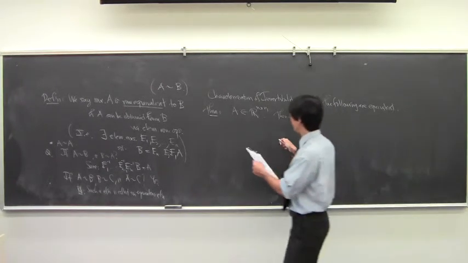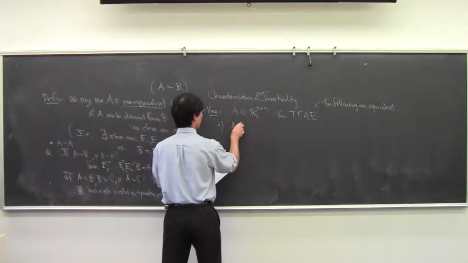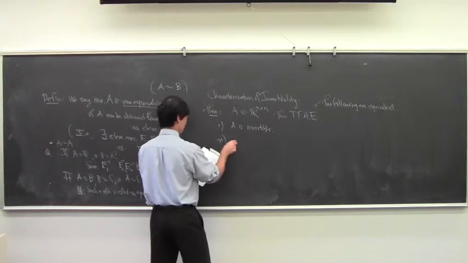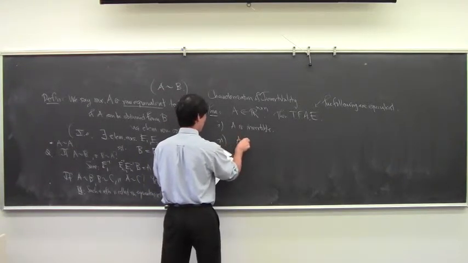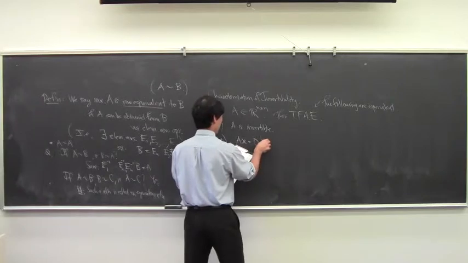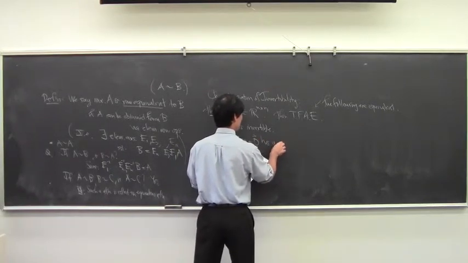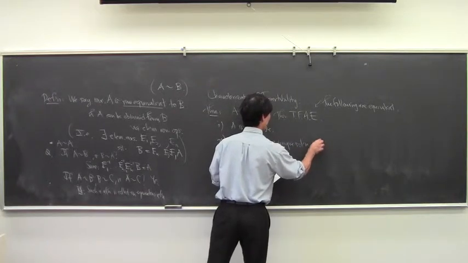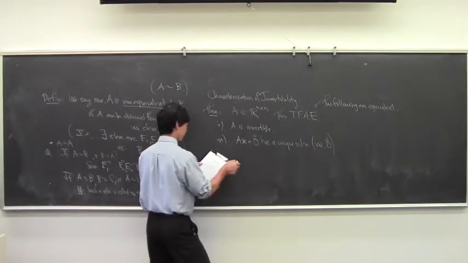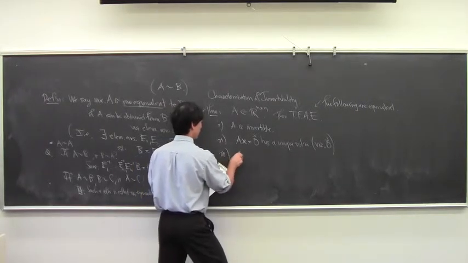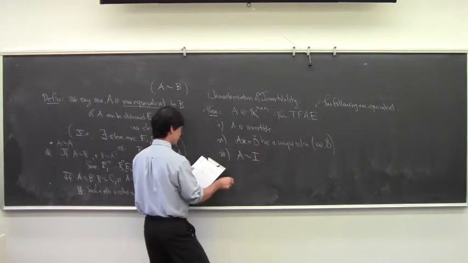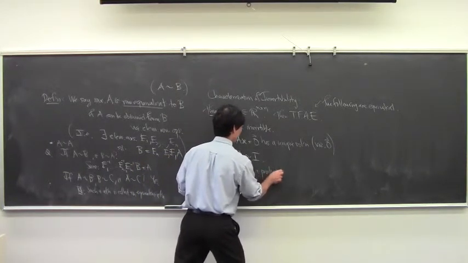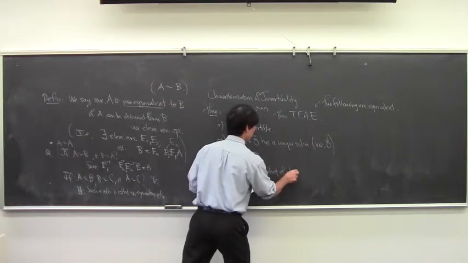One, A is invertible. Two, AX equals 0 has a unique solution, namely the zero vector. Three, A is row equivalent to the identity matrix, and four, A is a product of elementary matrices.